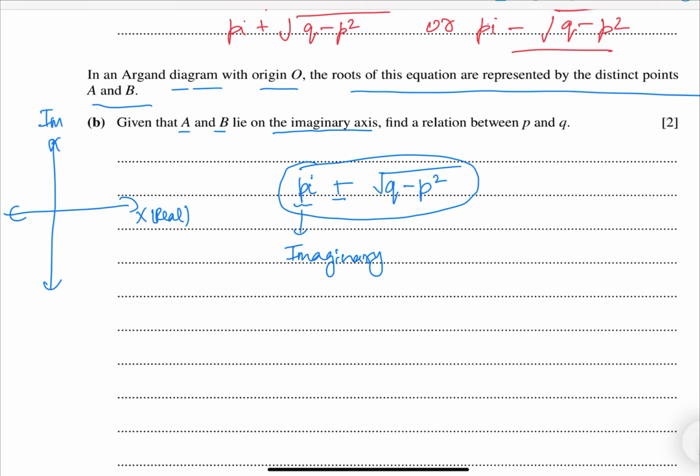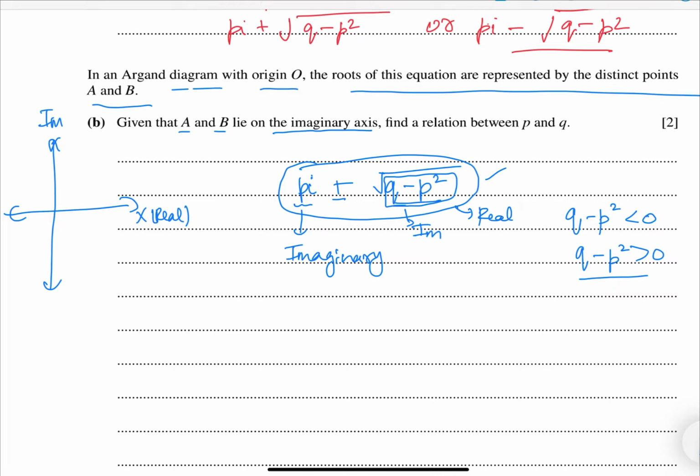If we look closely at the discriminant or this part, if q minus p square is negative, how can I write it mathematically? That q minus p square is less than 0. Then this part will also be imaginary. If q minus p square would be positive, or mathematically q minus p square is greater than 0, then this part would be real. Why, sir?